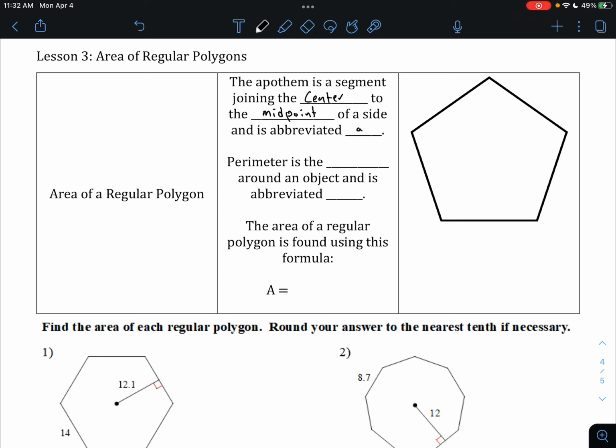So if we are starting from our center point to the midpoint of a side, midpoint is M, we draw our line from the midpoint to our center point, and that's our apothem, lowercase a.